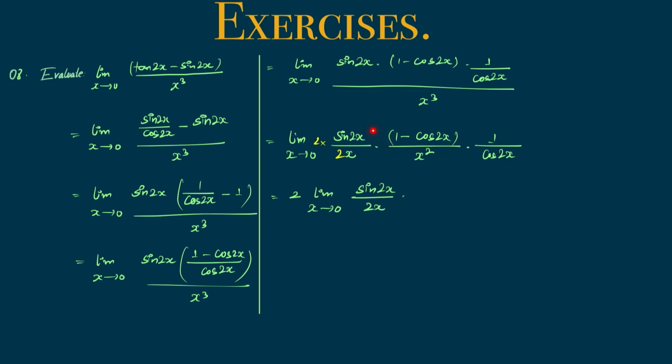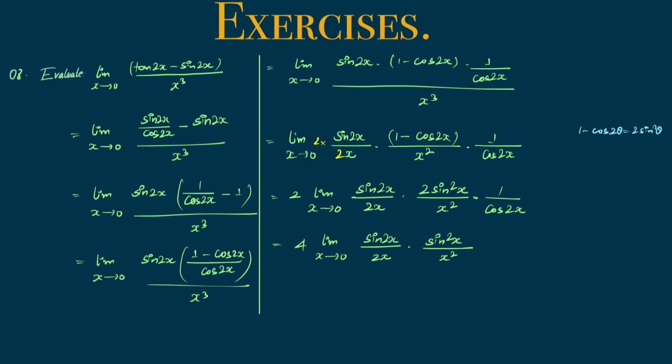Using the multiple angle formula, it will be 2 sine square x by x square into 1 by cos 2x. Now this 2 will come out and multiply with this 2 and it will be 4 limit x tends to 0 sine 2x by 2x into sine square x by x square into 1 by cos 2x.